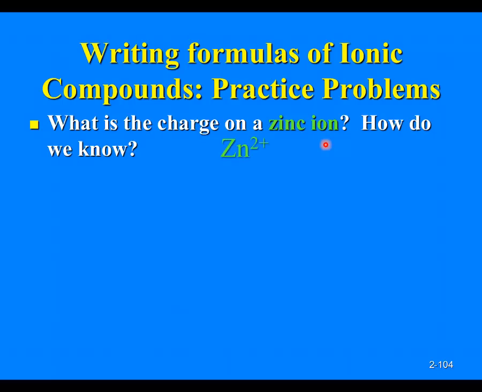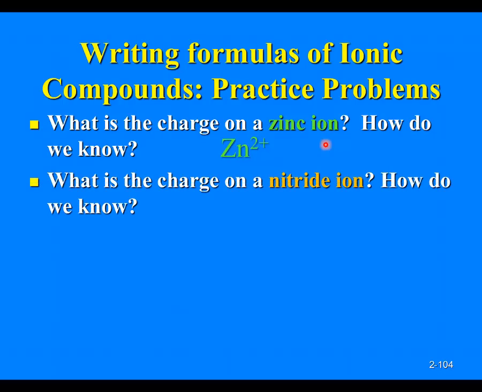Let's combine it with nitrogen. When nitrogen forms a nitrogen anion, it's in group 15 or 5A. It would like to gain 3 electrons to form the nitride ion, because if it gains 3 electrons, it has the same number of electrons as neon, the noble gas after it on the periodic table.